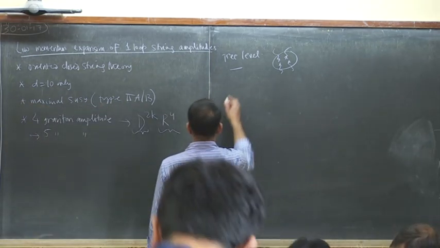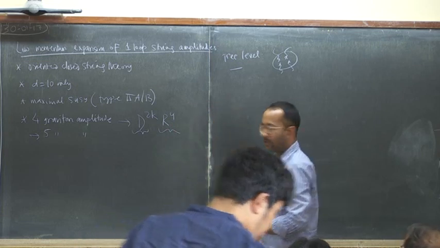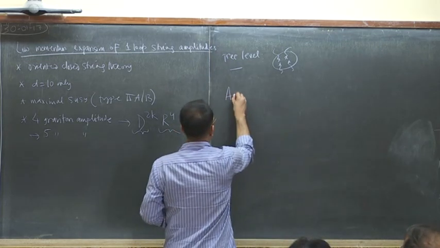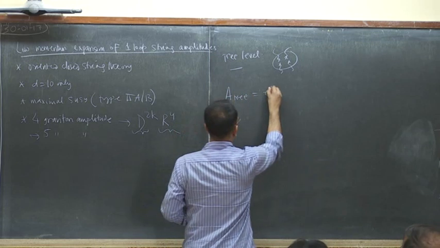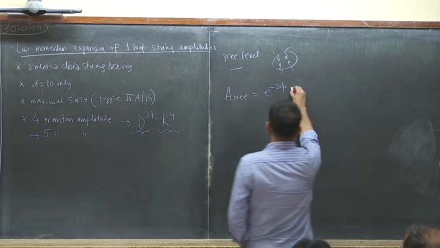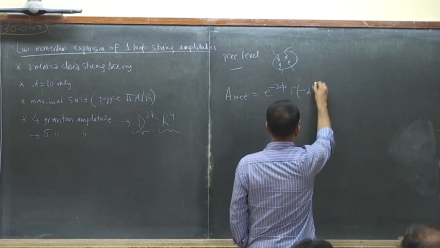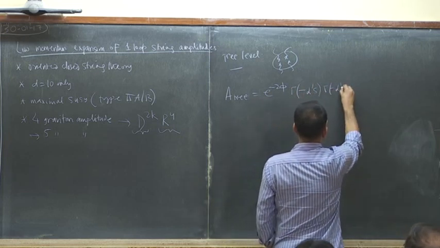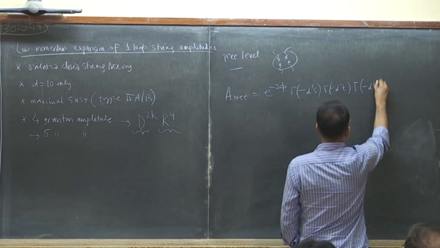So at tree level, again, I'll be dropping various overall factors. The tree-level amplitude is the following. So e to the minus 2 phi, the dilaton part, and the final answer is then minus alpha prime s, minus alpha prime t, minus alpha prime u.